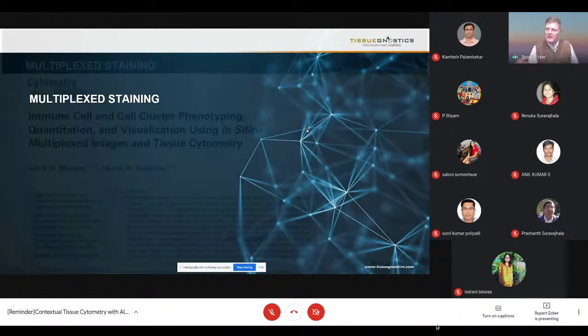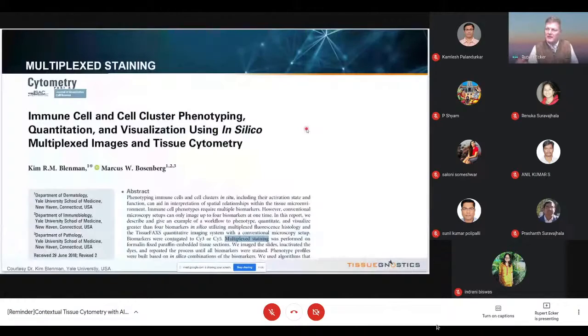In multiplexing, we take a given tissue section, stain it with a certain combination of antibodies and fluorochromes, image it, scan it, and then remove the staining and restain the same tissue section with the same combination of fluorochromes, but in each staining round, the fluorochromes represent different markers. Subsequently, these images are aligned and registered. Registration is the term for aligning images into one stack so that we can analyze them at the same time.